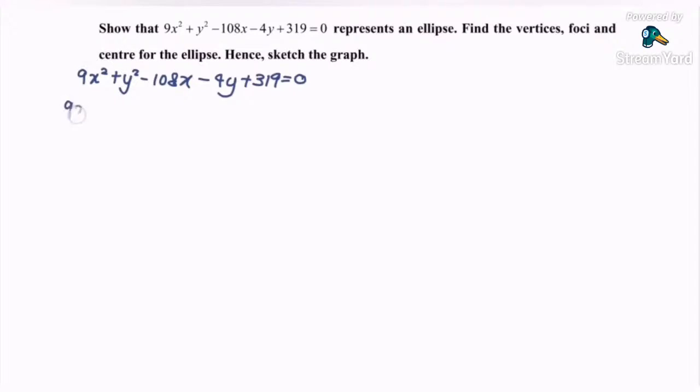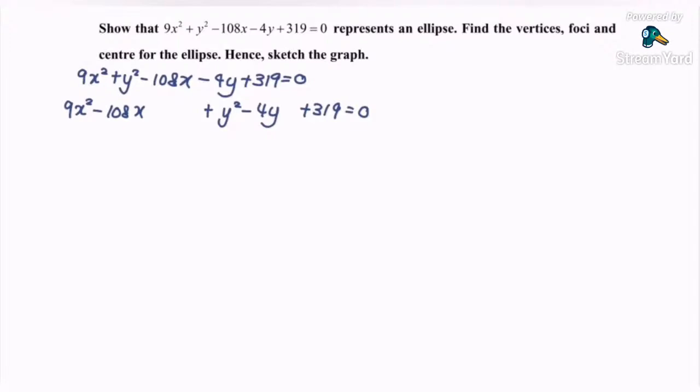So 9x squared minus 108x plus y squared minus 4y plus 319 equals 0. In order to complete the square, we must make sure that the coefficient for x squared is 1.